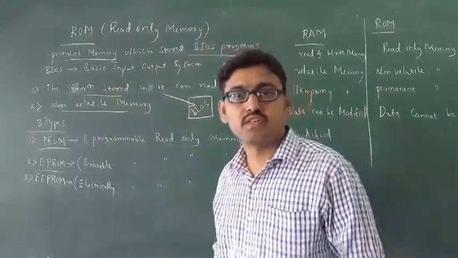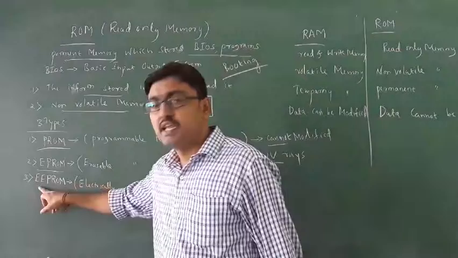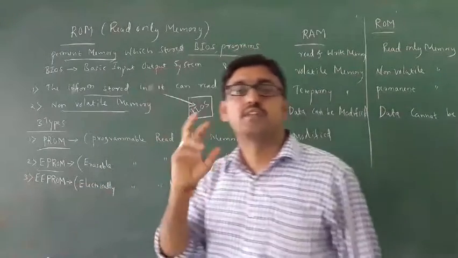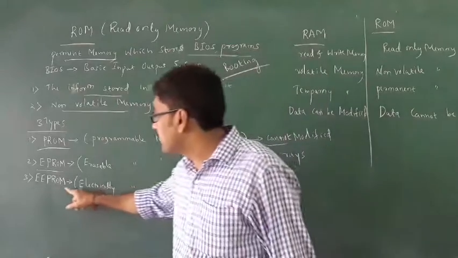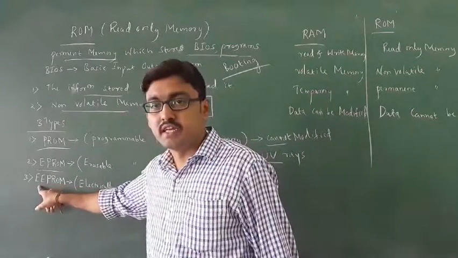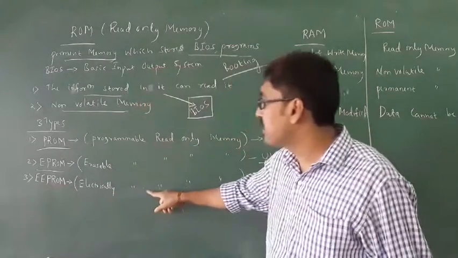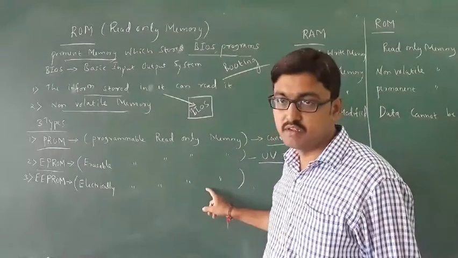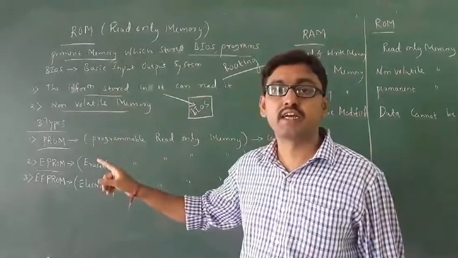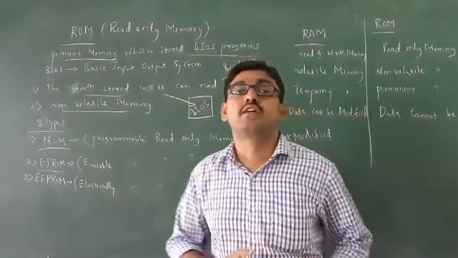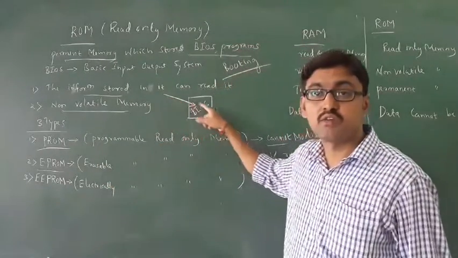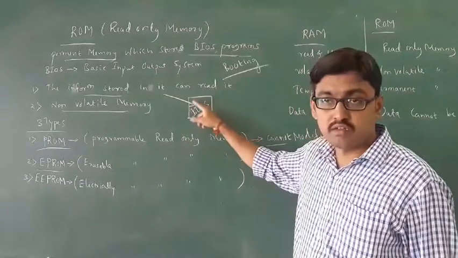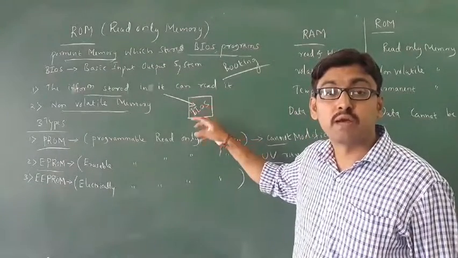The next one is double EPROM. This is the third type. In double EPROM, the double E means electrically erasable programmable read only memory. Double E means electrically erasable. You can erase the BIOS program electrically.